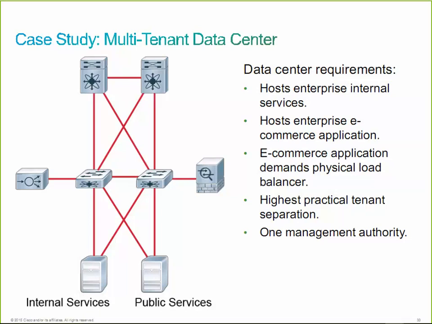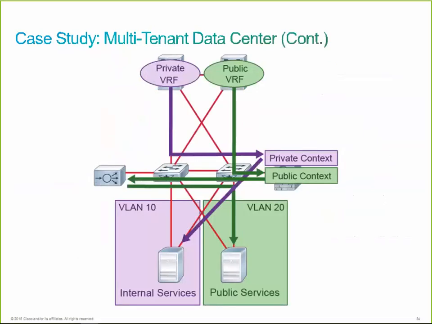All right? So that is our case study. All right? So if we look at kind of physically how this network is going to be built, the first thing we have to do is isolate traffic that comes from the internet from the private traffic. All right? So we're going to create two VRFs for our layer 3 separation.